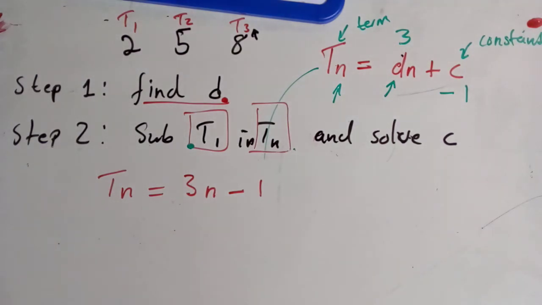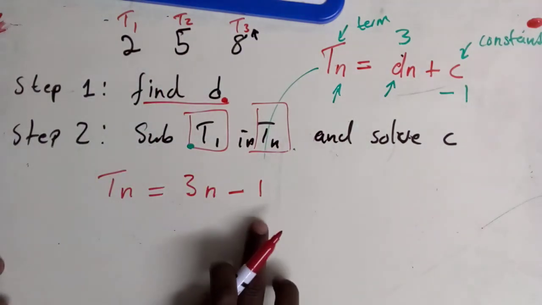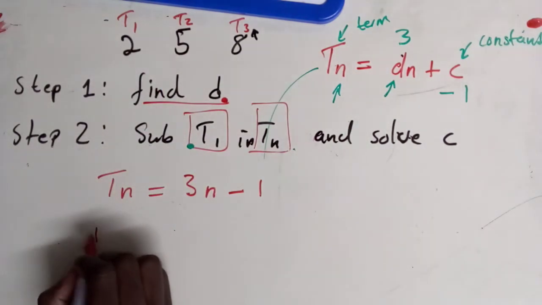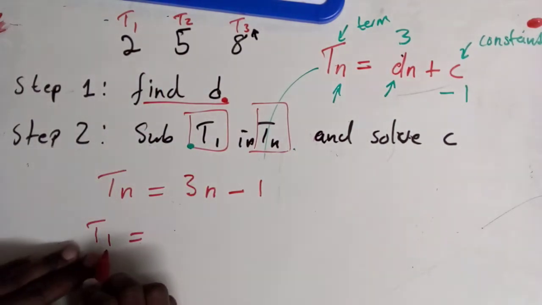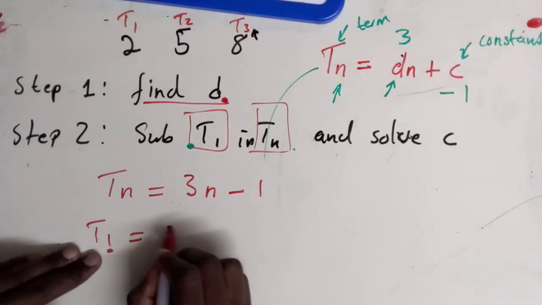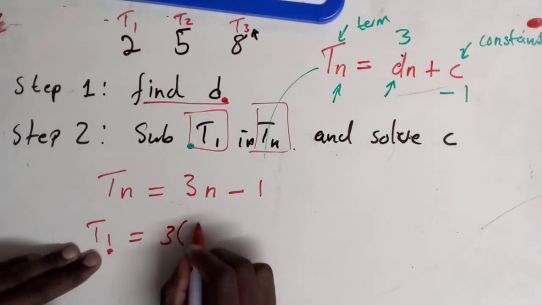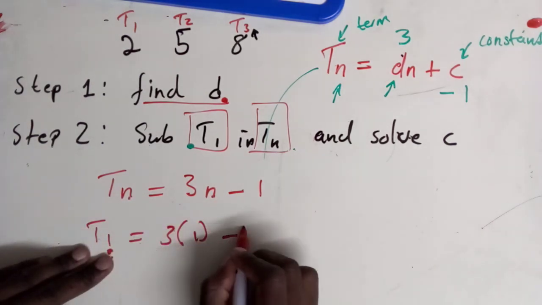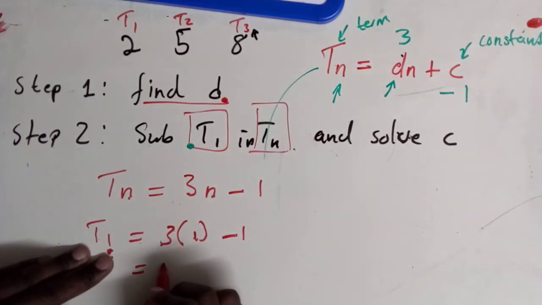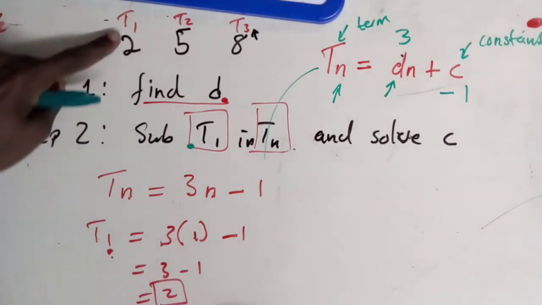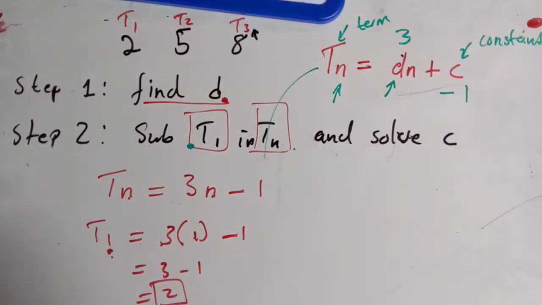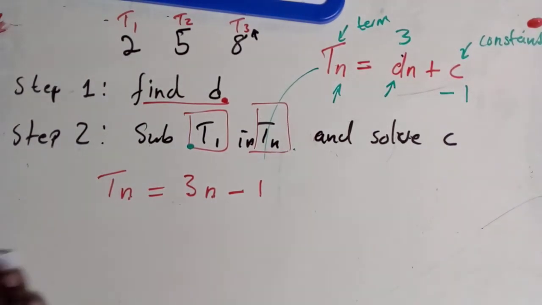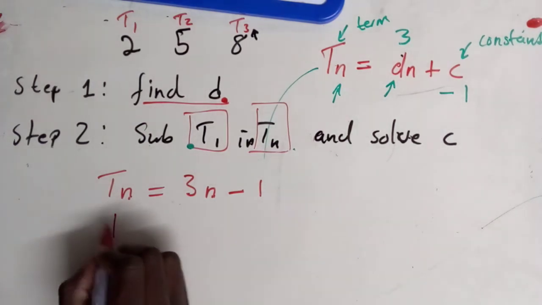So let's test, is the term really working? Let's take T1. Because instead of n I put 1, in here I must do the same. That will be 3 times 1 is 3, minus 1, that will be 2. Correct, T1 is 2. But we can't just be naive and trust it with only the first term. Let's test it again.